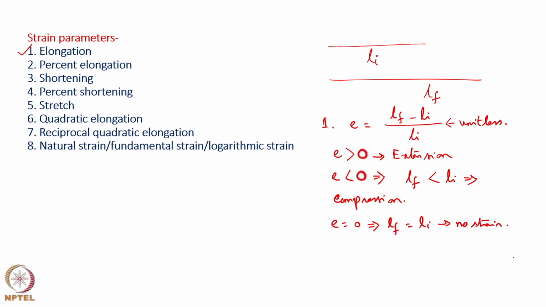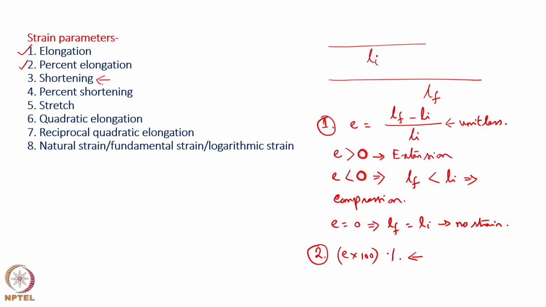Stress might have been applied on the rock, but the stress was insufficient to deform the material, neither extension nor compression took place. Sometimes e is expressed as percentage, so e multiplied by 100 and expressed as percent is known as the percent elongation.